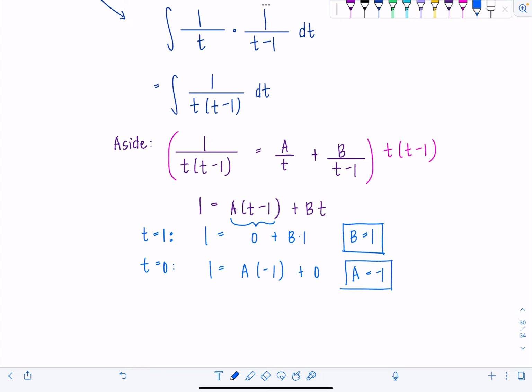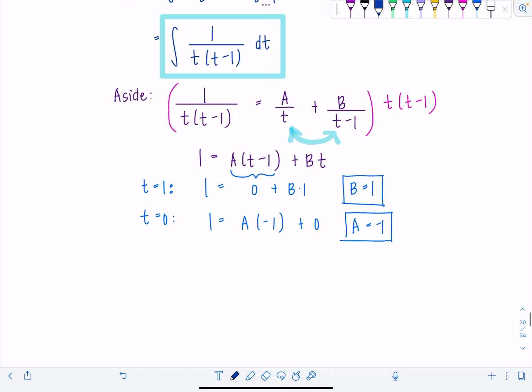Beautiful. Now I'm going to go back and rewrite the integrand right here using the partial fraction decomposition. Since B is positive and A is negative, I'm going to write them in the other order, just so that the positive term is first. It looks better. Aesthetics matter, even in math. Okay, so we've got the integral of B, which is 1 over t minus 1, and then minus, right, because A is negative, 1 over t.